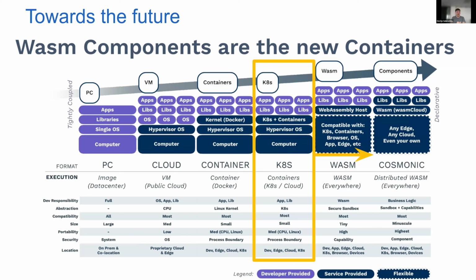Companies like Cloudflare and Fastly are already doing this. And that is why their compute is so much cheaper than the compute of AWS Lambda, for example.